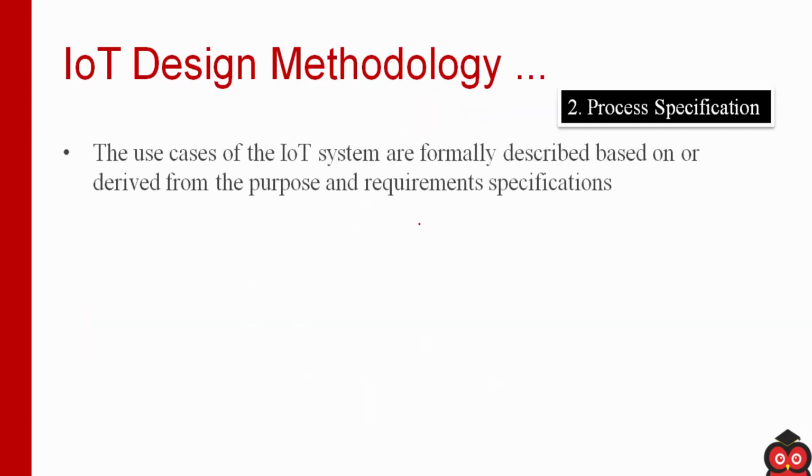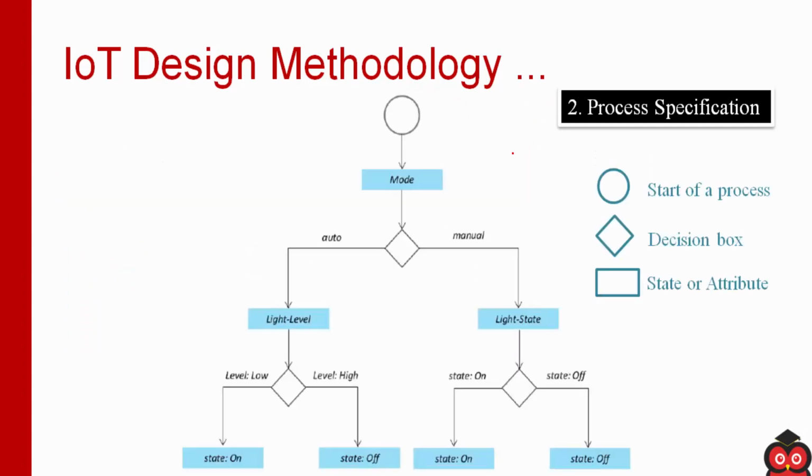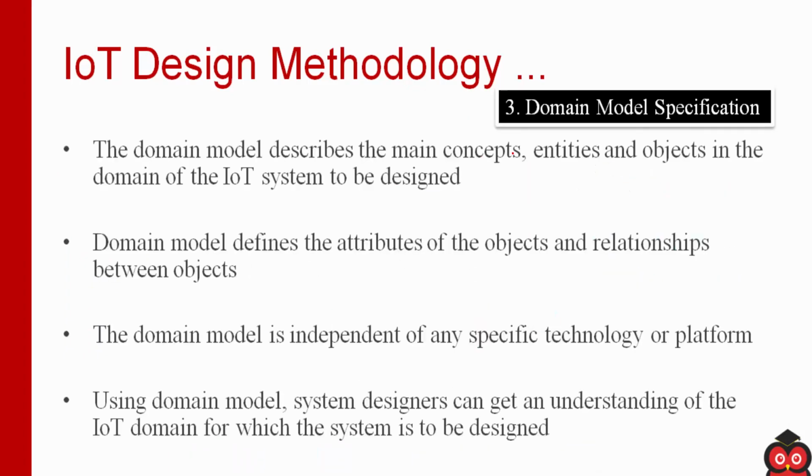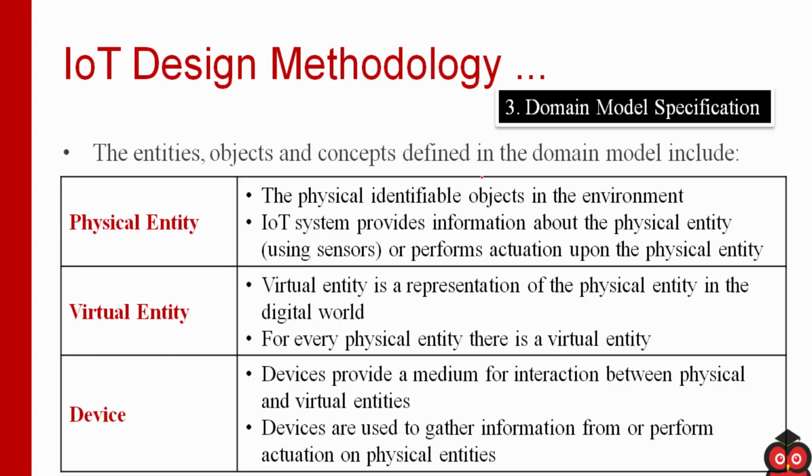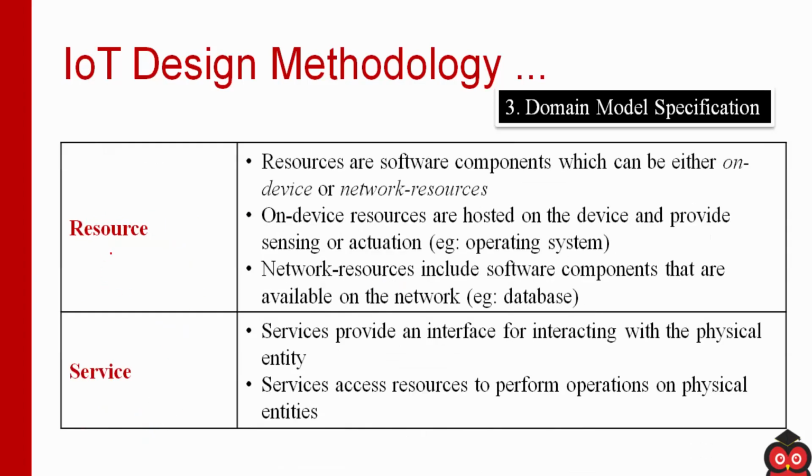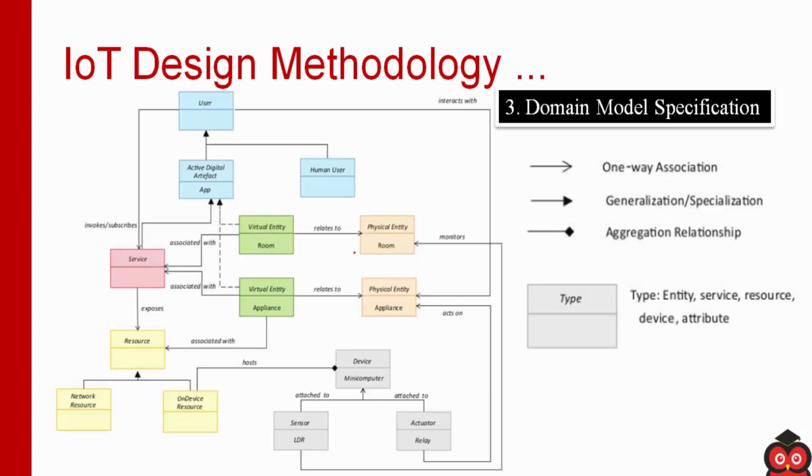So we have seen all these things, and then we have seen process specification, where we have seen this diagram, and the third step is domain model specification, where we decide what the physical entities, virtual entities, device, resource, and different services are, and we arrived at this diagram which represents the domain model for the home automation system.